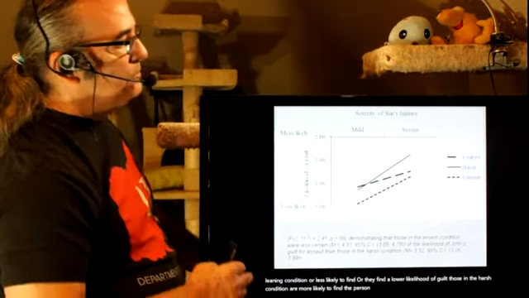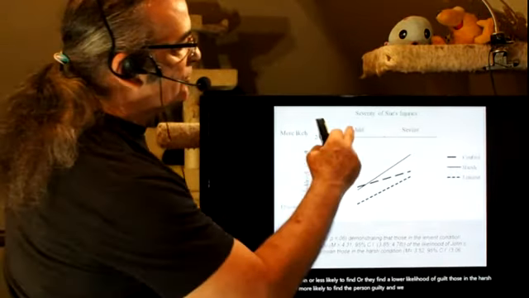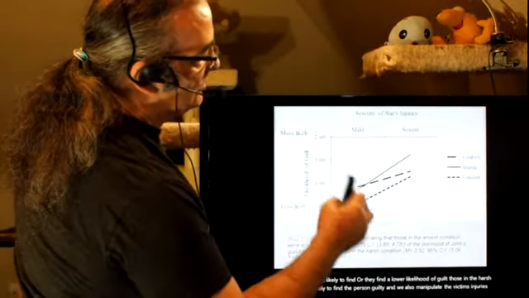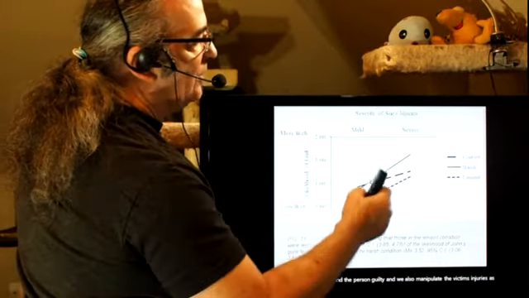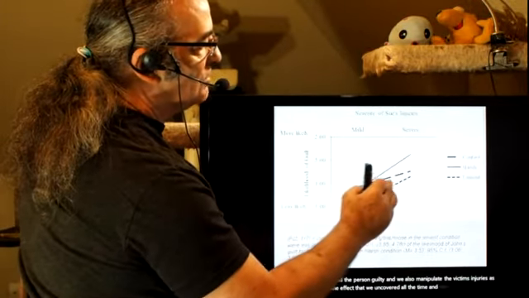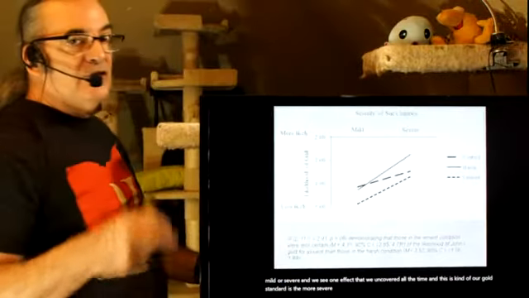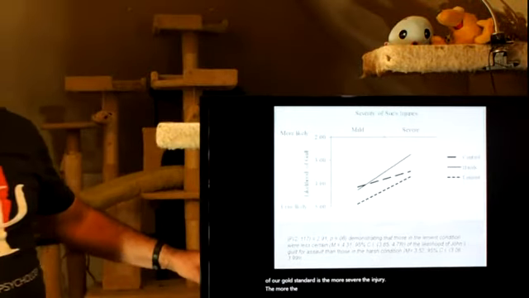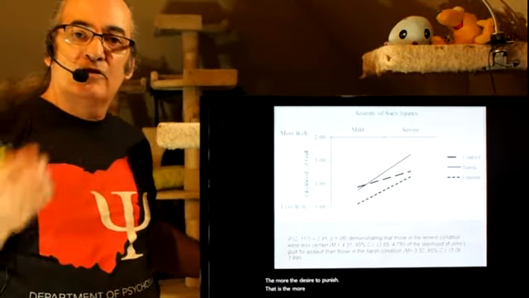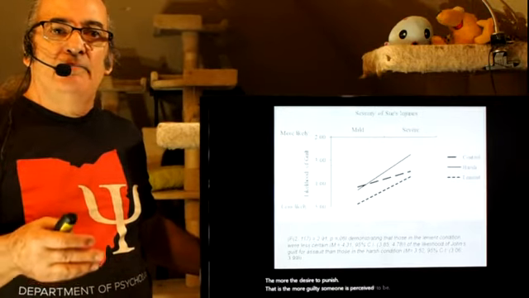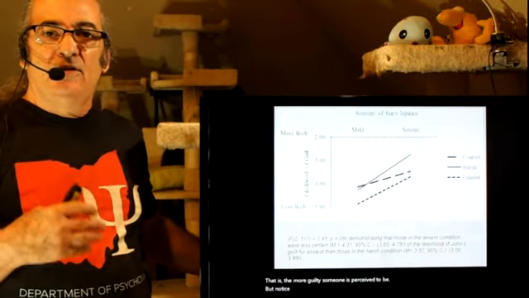We also manipulate the victim's injuries as mild or severe, and we see one effect that we uncovered all the time, and this is kind of our gold standard: the more severe the injury, the more the desire to punish. That is, the more guilty someone is perceived to be. But notice, the severity of the injury has nothing to do with guilt.